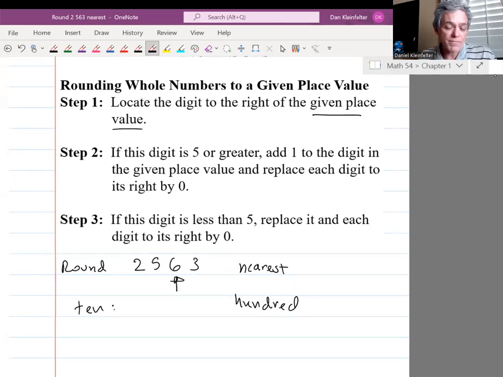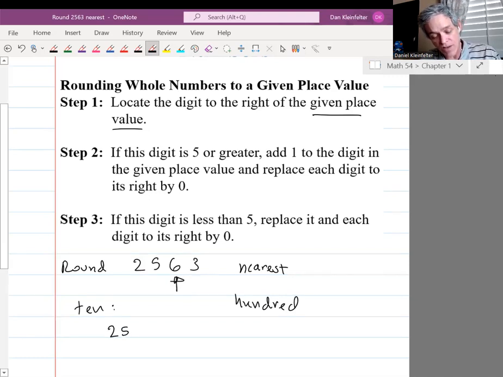It's a 6. Step 1, locate the digit to the right of the given place value. To the right of the 6 is the 3. You're looking at the 3. Is that more or less than 5? It's less than 5. So take a look at step 3. If this digit is less than 5, replace it and each digit to its right, aren't any, by 0. So it'll be 2,560.